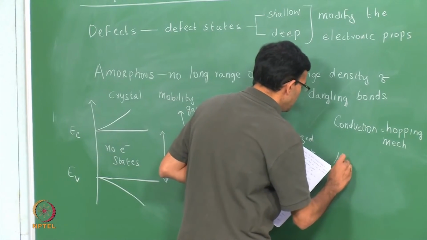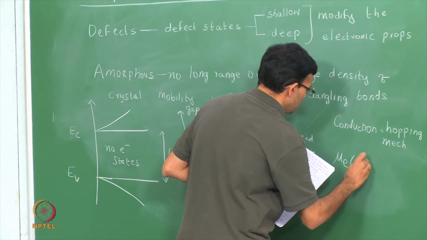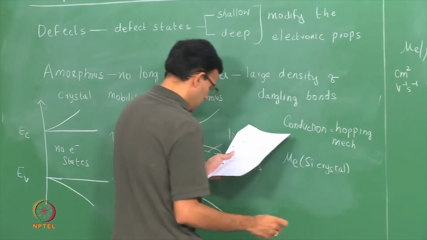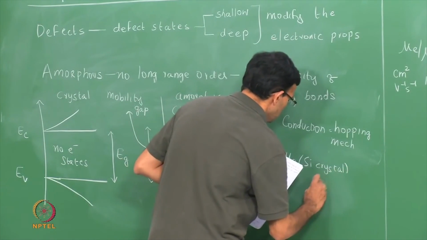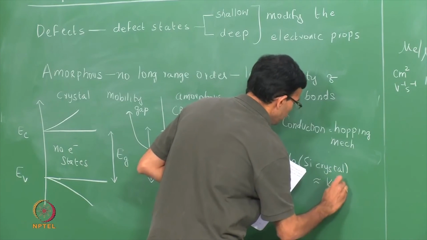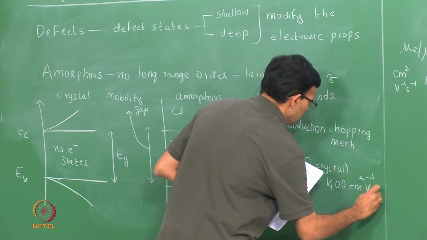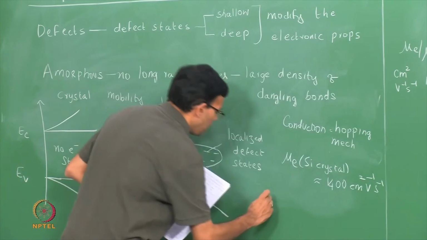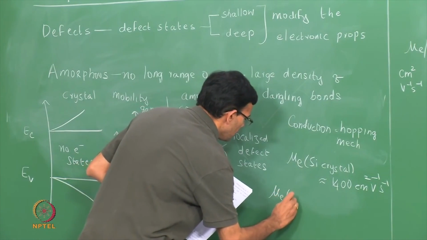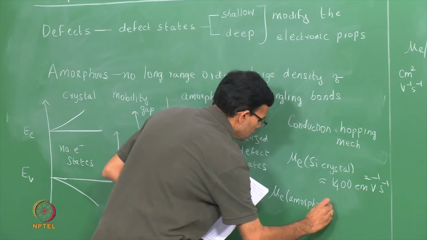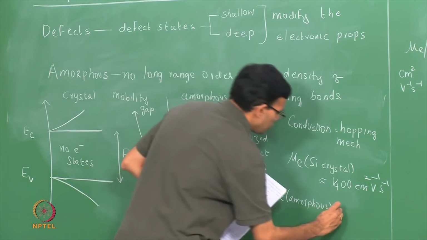If you have crystalline silicon, mu E is usually around 1350 or 1400. On the other hand, mu E for amorphous silicon can be as low as 1.